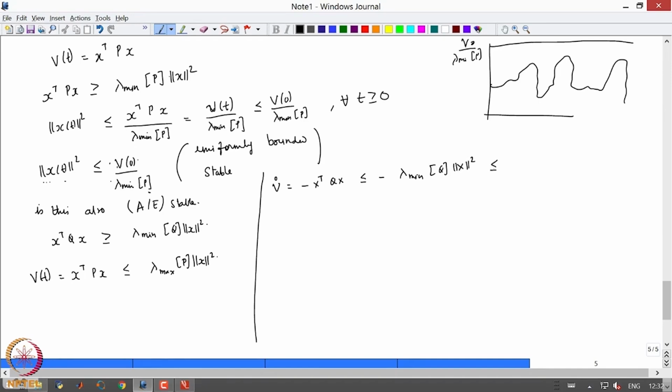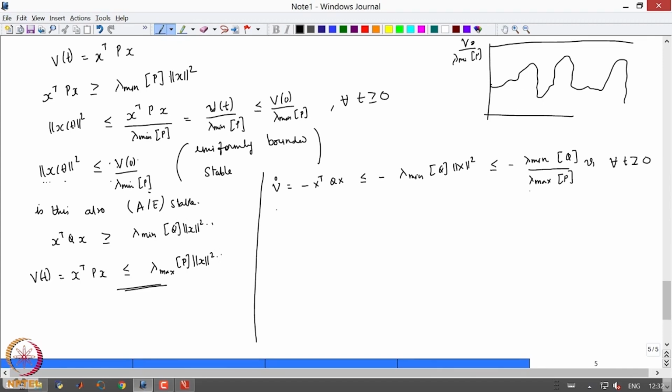This will be less than or equal to, using that inequality on top of it, minus lambda min of Q over lambda max of P times V, and this happens for all times t greater than or equal to 0. So, just a few little steps which you can easily verify from all the expressions that we have written here.